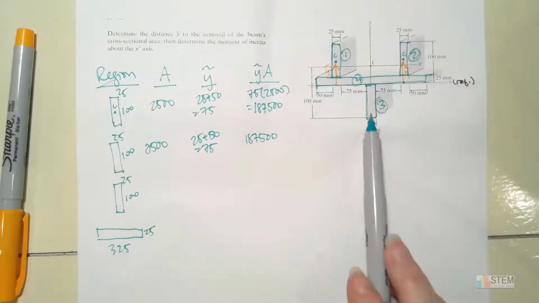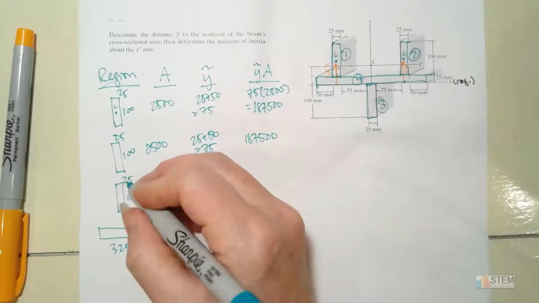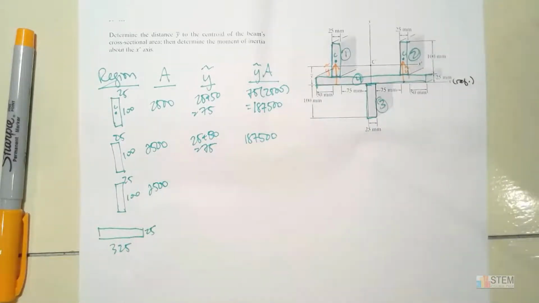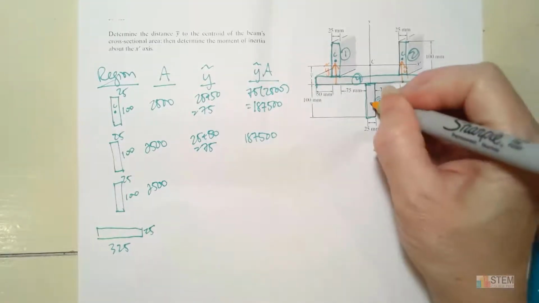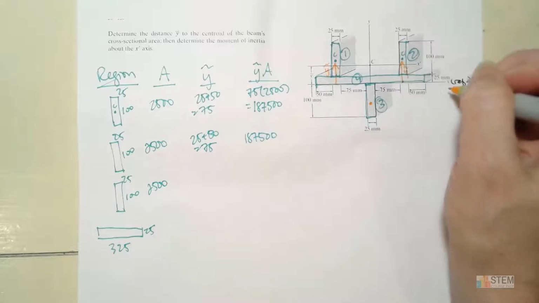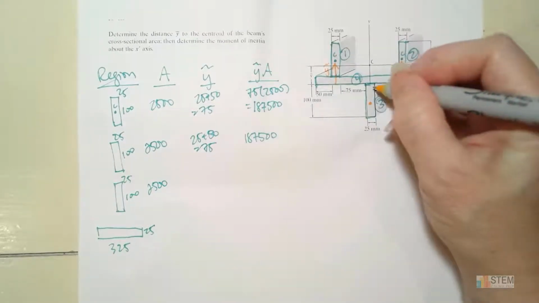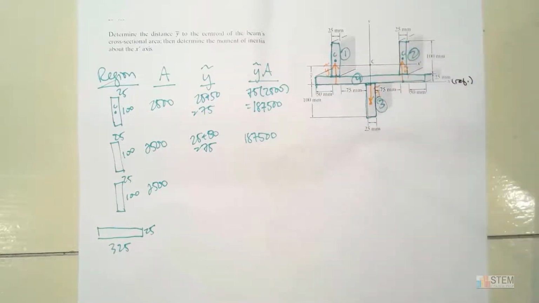All right, now let's go down here to this one. So area, same thing, 25 times 100, which is obviously 2,500. And then y tilde on this one, I'm going down here, right? Now I want to measure from the same reference line that I did with these two. So I'm going to start here and I'm going to go down that way.